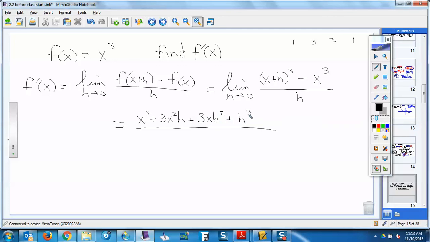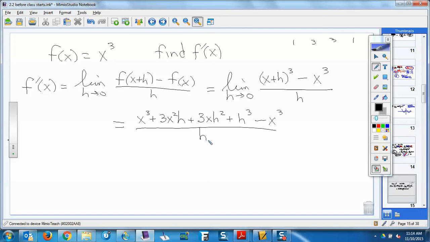Right. Now, you can just FOIL that. You can do x plus h times x plus h, get that answer, then take that answer times x plus h again, and you're going to end up with the same thing. And then don't forget the minus x cubed. And again, that's all over h.